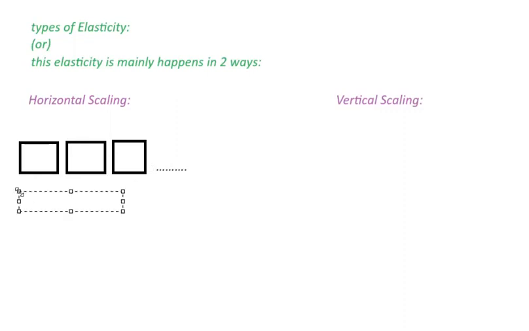Then what we are doing here, let us write in simple words. We are just scaling out. Scaling out is nothing but increasing my web servers. How does this scaling out happen?